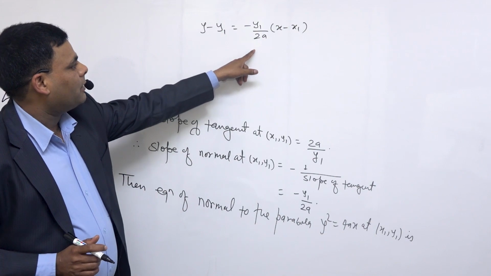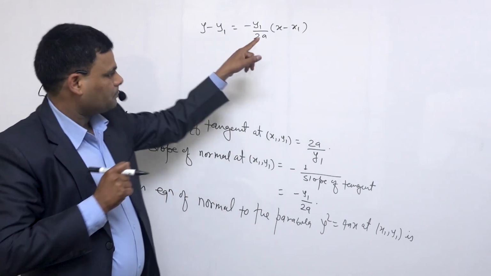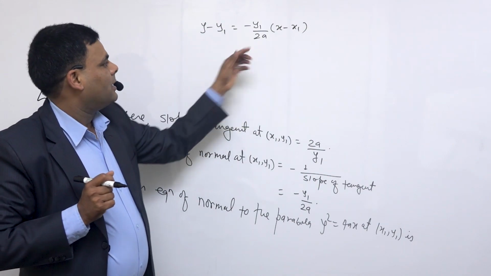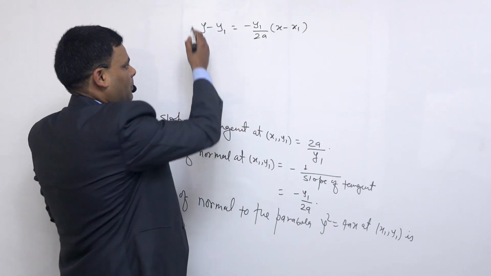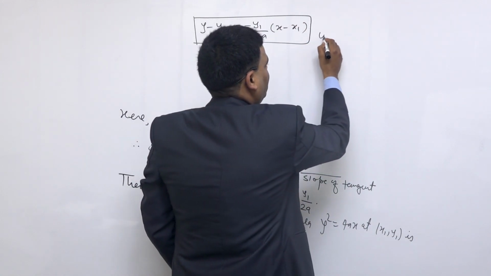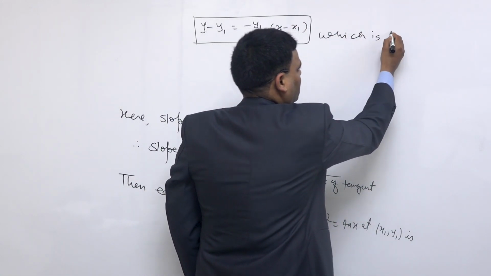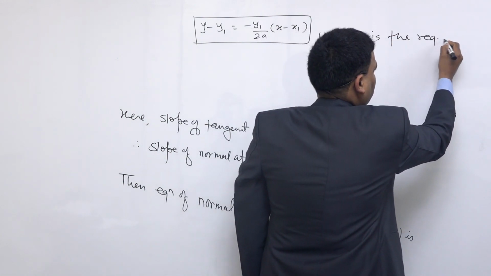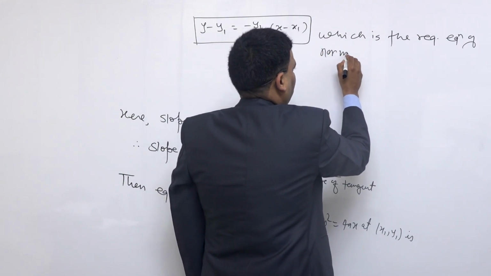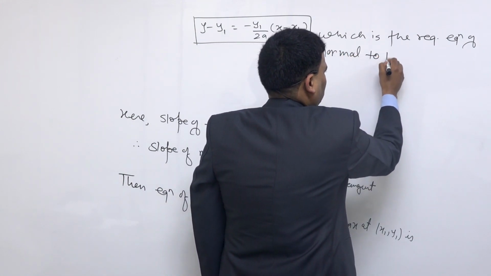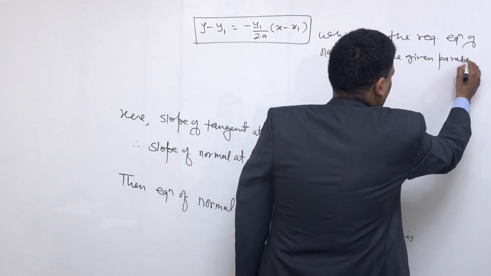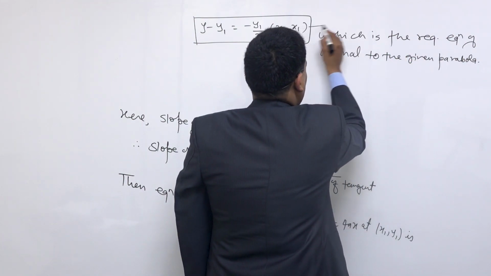Here minus y1 by 2a is the slope of normal, so this is the required equation of normal to the given parabola. Let it be the equation 3.